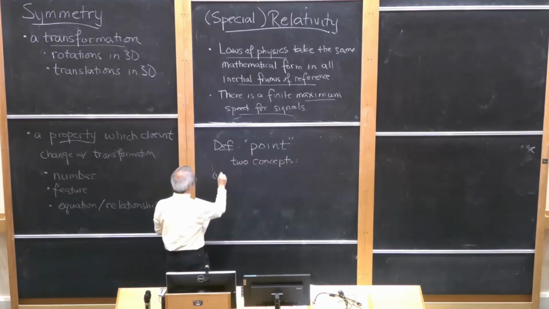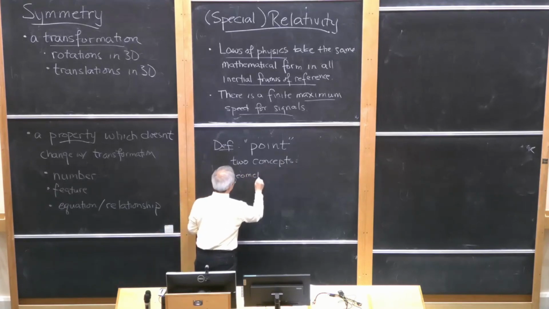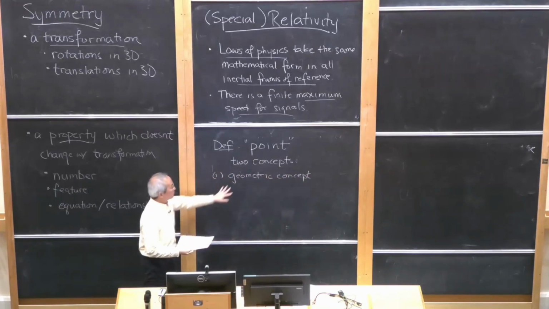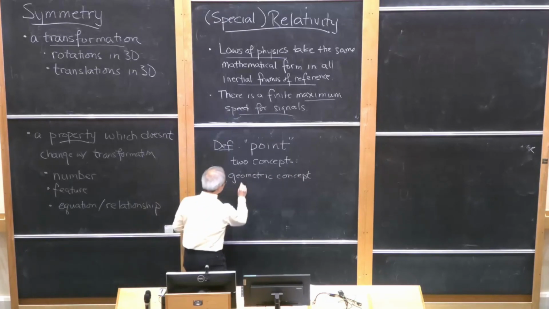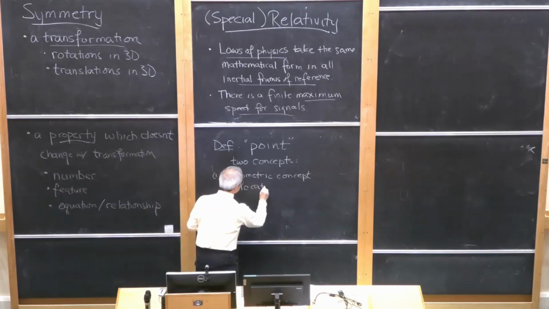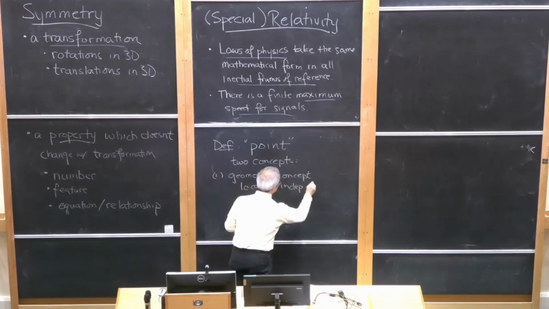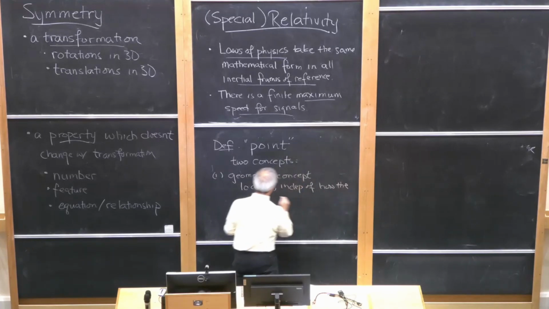One is as a geometric concept. This is basically a location, independent of how the location is described.